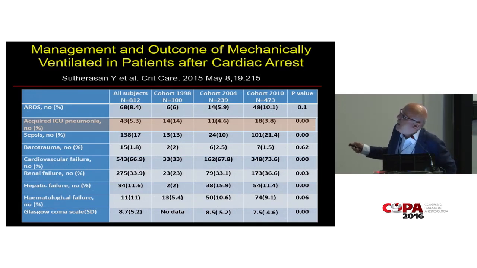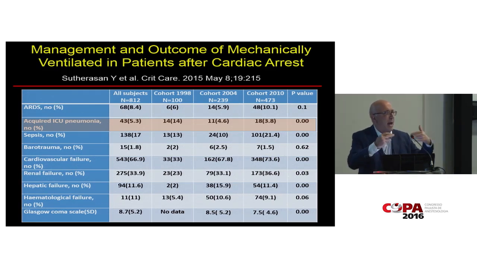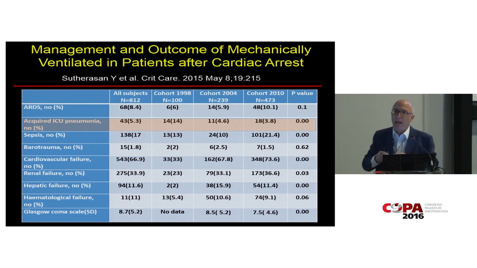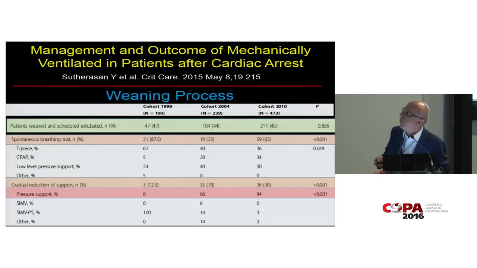However, we found a major increase in other organ failure, especially cardiovascular failure and also renal failure. So the cardiac arrest patient is becoming more of an internal medicine patient than only a brain patient. I think this is extremely important.